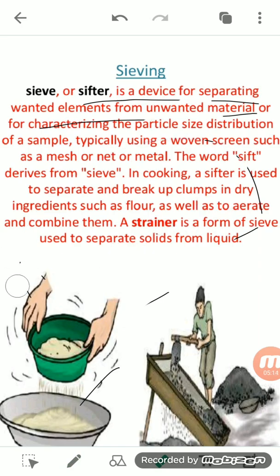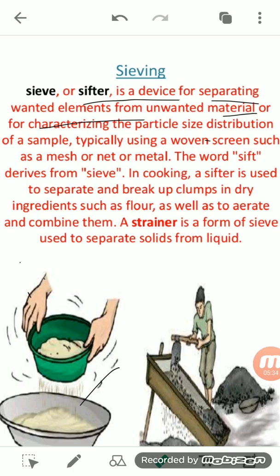Now if we see in the sieving, the process of sieving is basically used to separate the pebbles and the stones from the sand at the construction site.